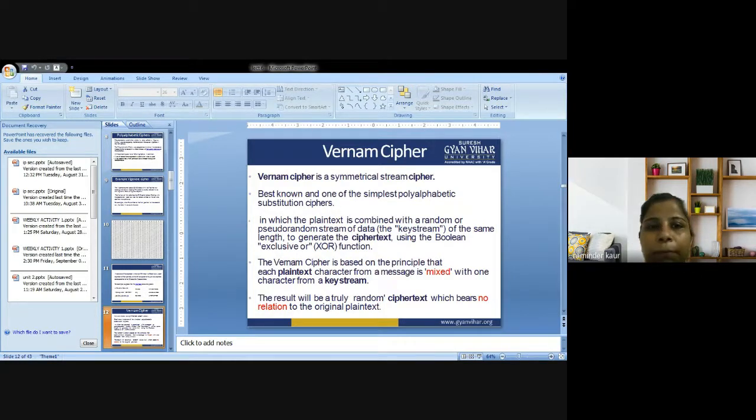Add both the numbers, the plain text number and the key character number. Subtract 26 from the sum, because there are a total of 26 letters, only if the added number is greater than 26. If it is not, then leave it.